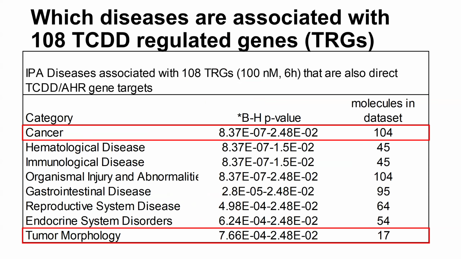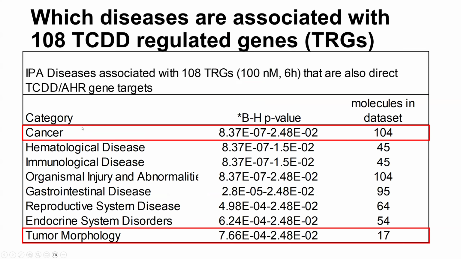All right, so then you get tables like this, and you can ask different questions. Here we were interested in what diseases were associated with the 108 genes that were changing. Simple question. What it's showing you are the number of molecules or genes in that data set that fall into a disease category.